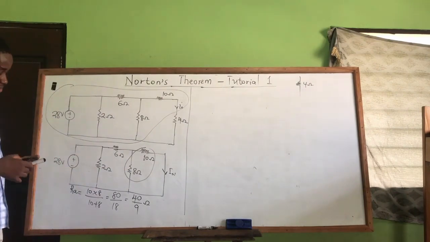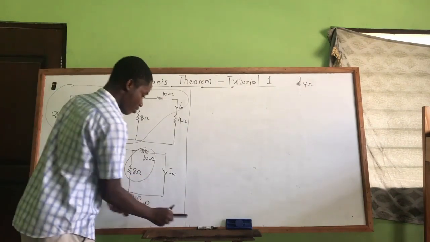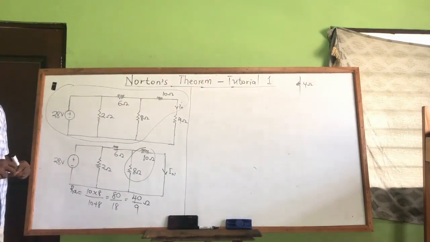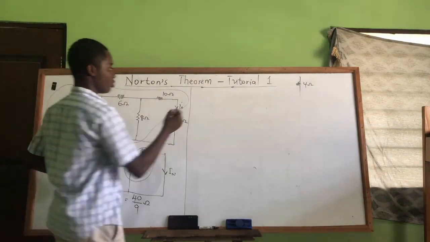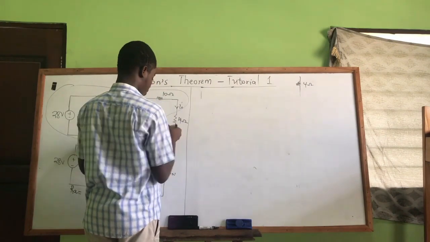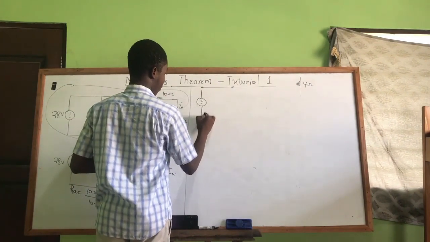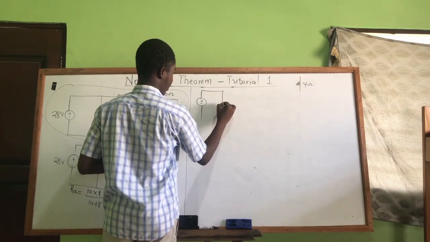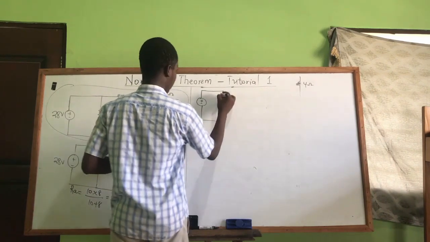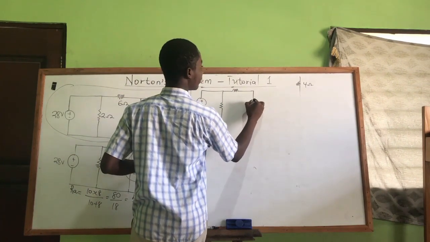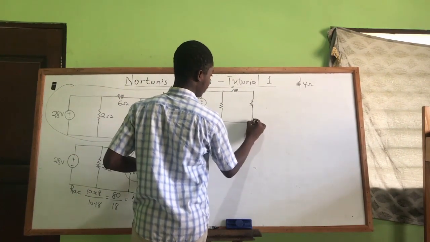So that equivalent will be connected in series with the source. We can draw something to show it, so that we can see it clearly. So we have this here, we have this there.